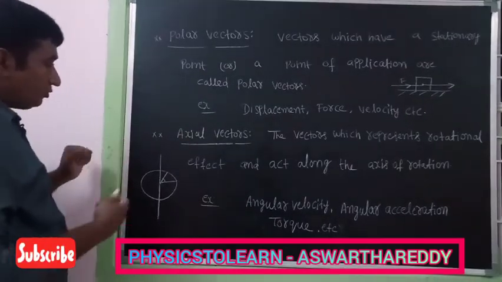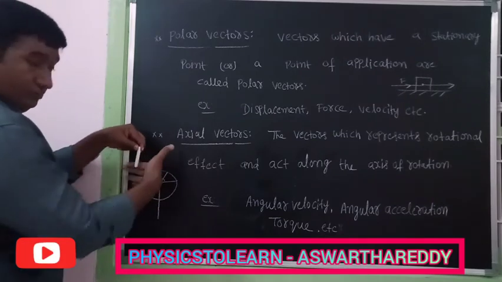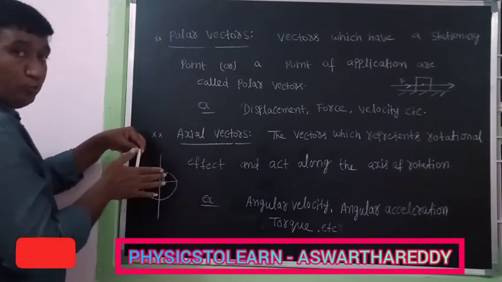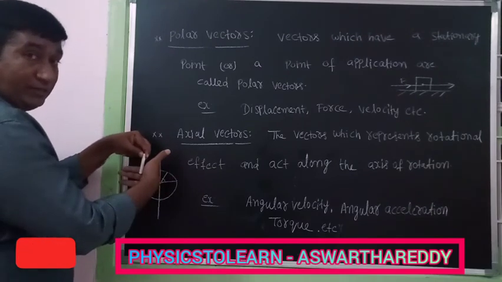How do we know the direction? If this object is moving in this direction, we use the right hand screw rule, or right hand thumb rule.